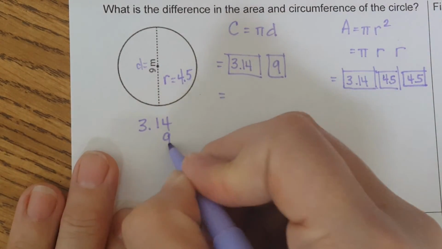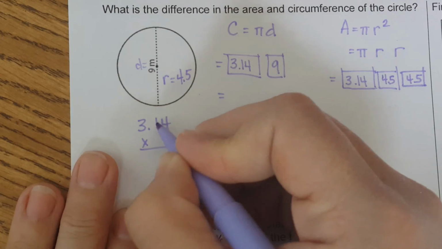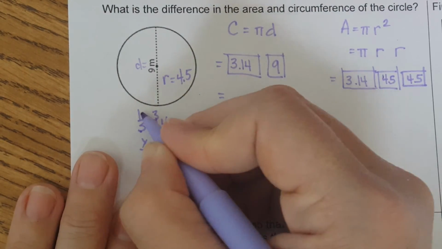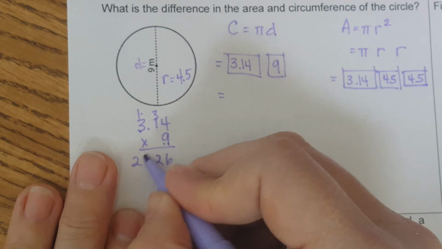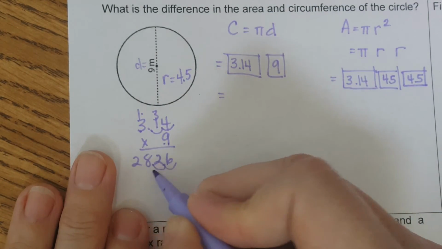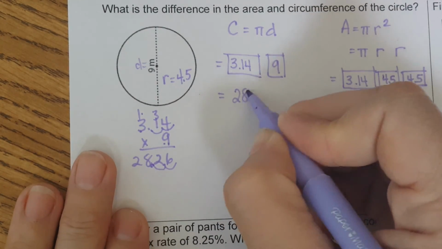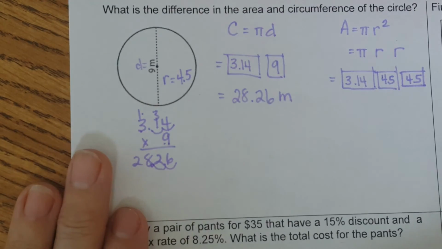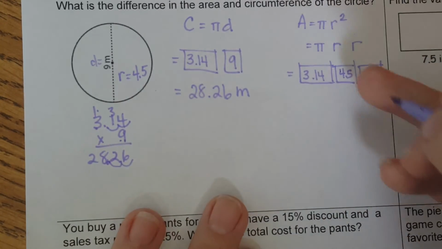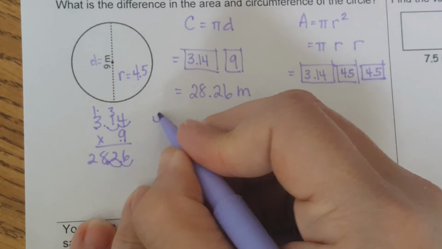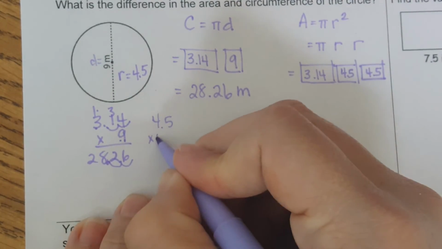3.14 times 9 gives us 36, 12, 28. We're going to bump our decimal over 1, 2, 1, 2. So we get 28.26 meters. And then our area, I'm going to start off with 4.5 times 4.5.